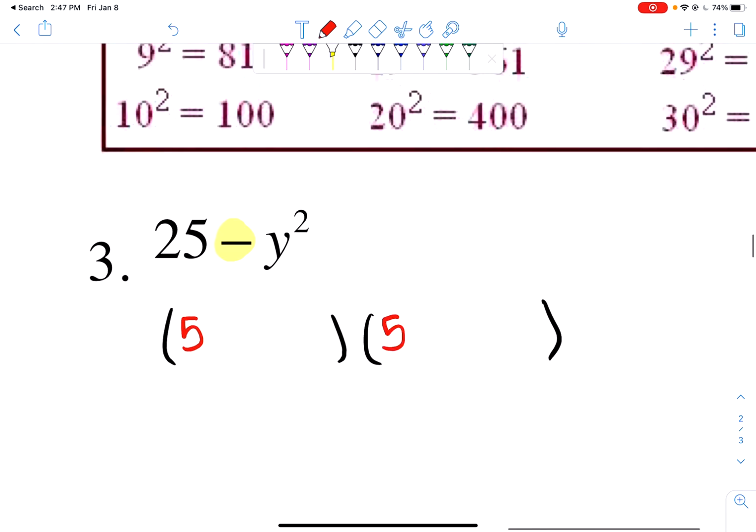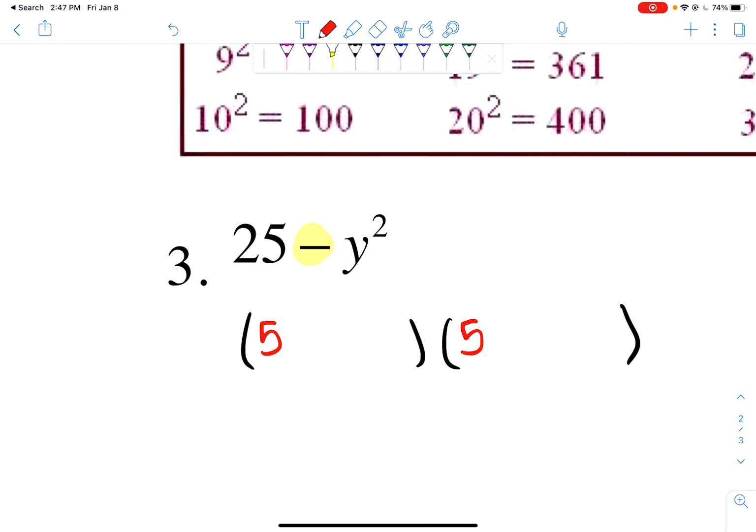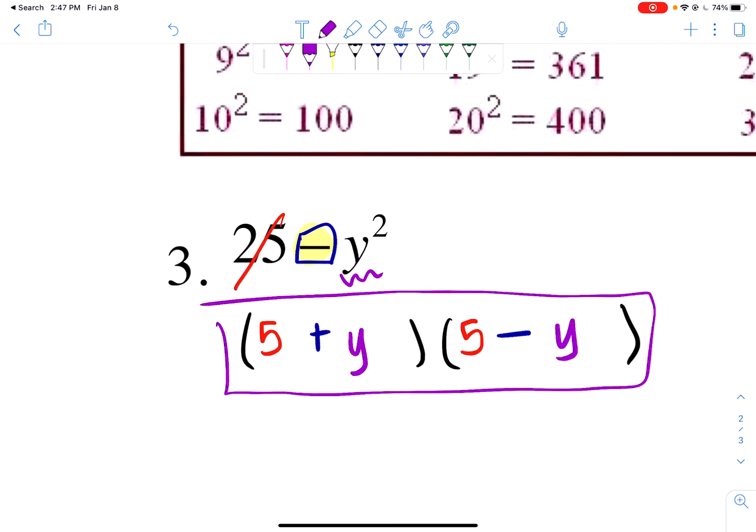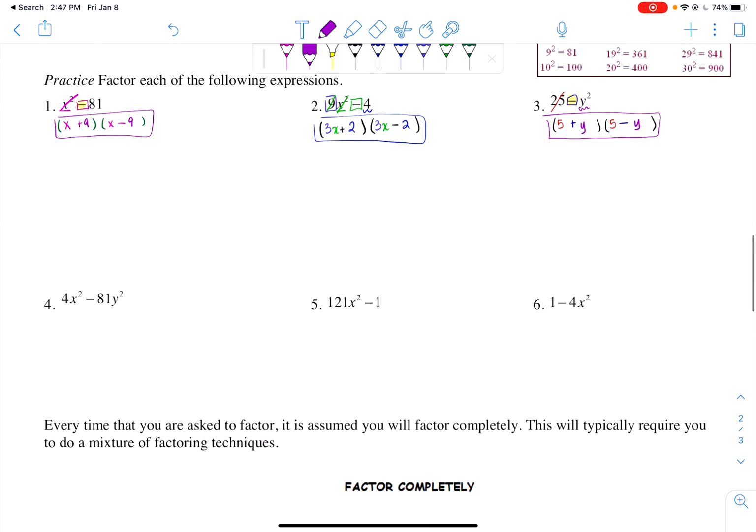What I do, not sure if Miss Townsend does this because I haven't done this with her in a year, but I cross it out when I use it. I have my minus, so I have to have a plus and a minus. And then I have a y squared. Got to break it up or divorce it to be y and y. So my factorization is 5 plus y times 5 minus y.